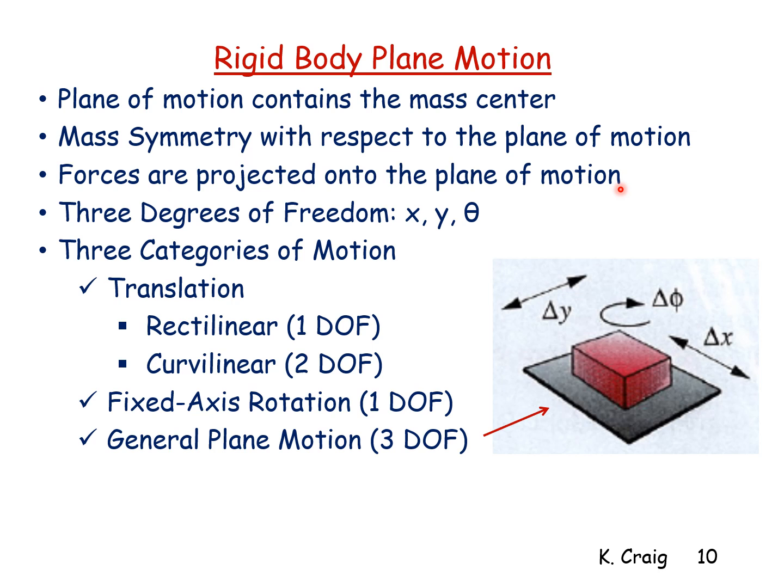And any forces act in the plane of motion, and they're projected onto the plane of motion. So there are no forces that are perpendicular to that plane of motion that would cause it to move out of that plane of motion. And if there are forces that exist out of the plane of motion or perpendicular to it, I neglect them for analysis purposes as they are insignificant for my analysis.